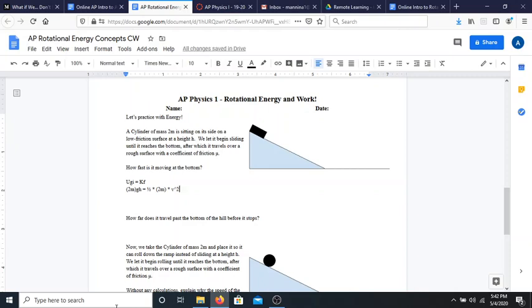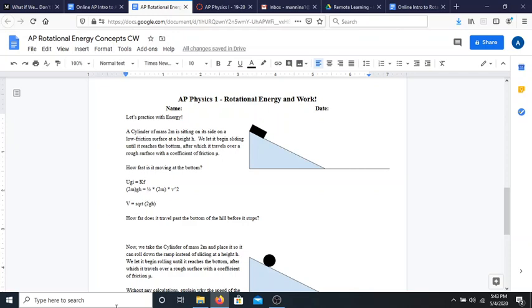We can simplify here. The masses cancel out as they normally do, so we're left with v squared equals 2gh, because I moved the 1/2 over. Then when you use the square root, you get that the predicted linear velocity is the square root of 2gh.